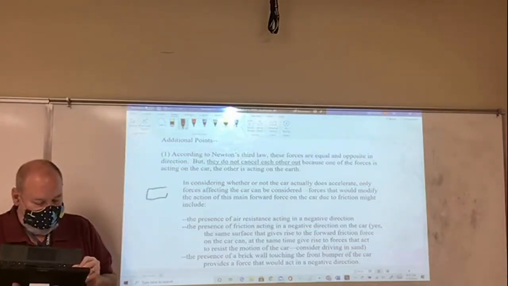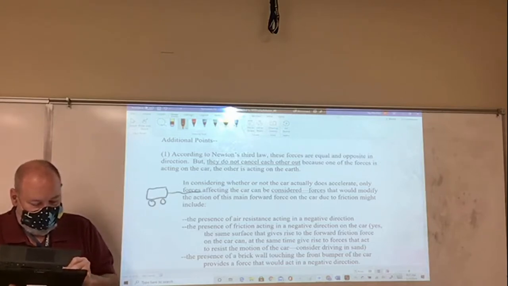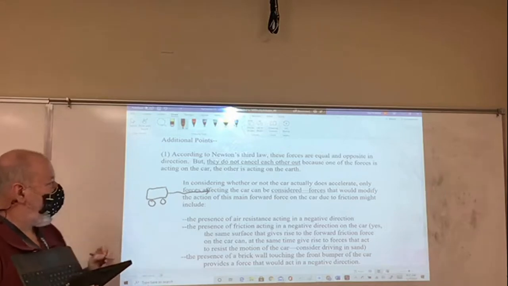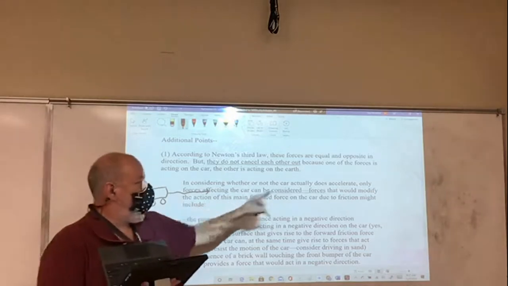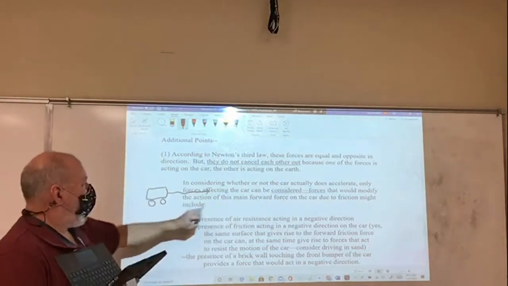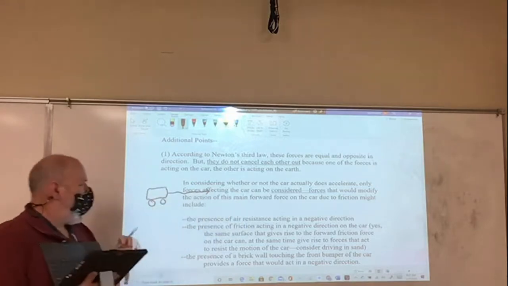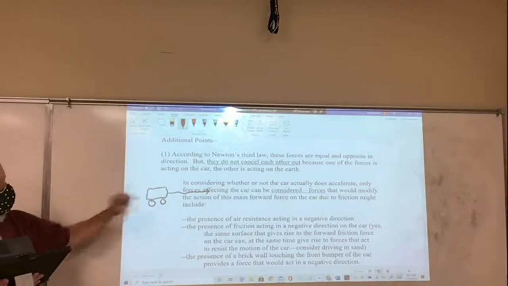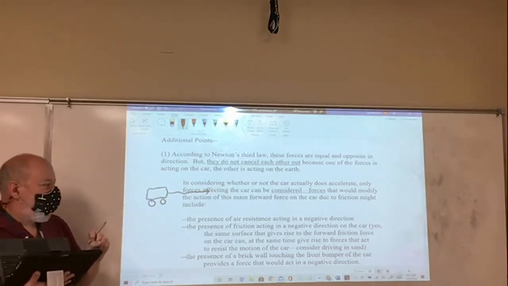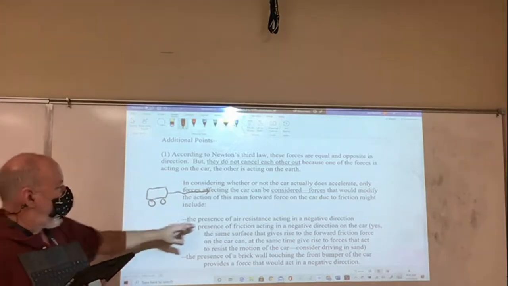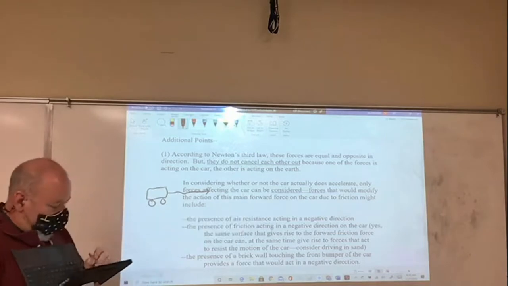I've got my car here, and the earth is pushing forward on the car. Forces that would modify this force would be affecting whether or not the car accelerates. Okay, so let's think about what other forces might be acting on the car.